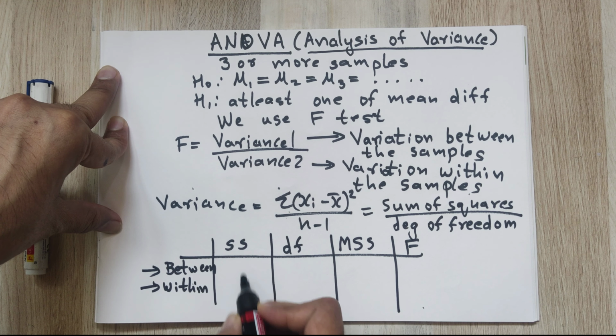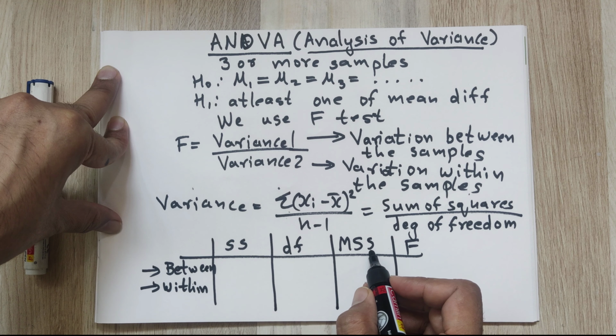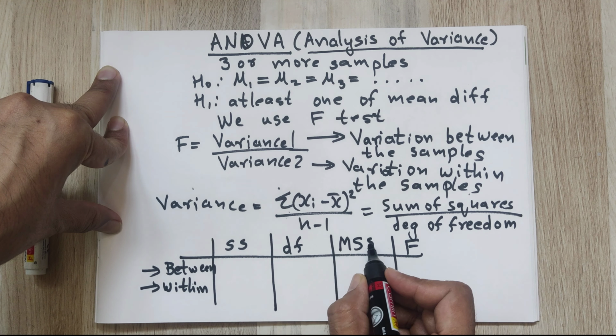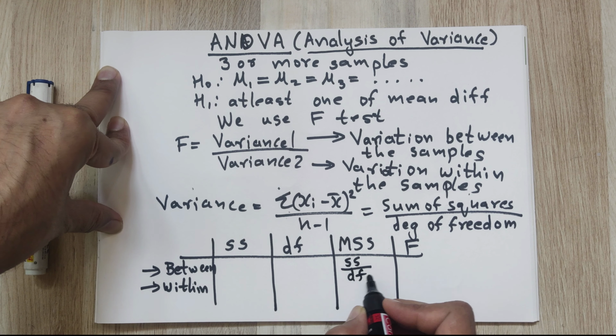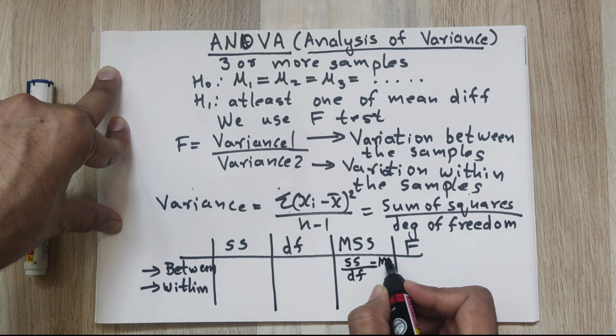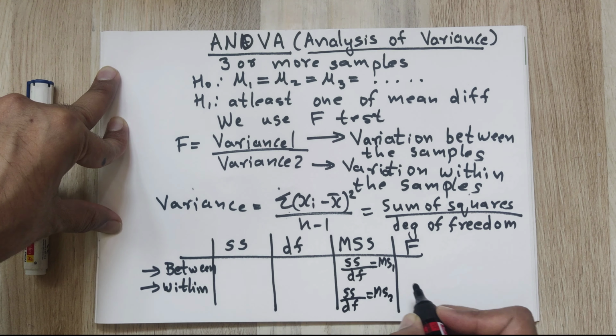So we find the sum of squares, then the degrees of freedom, then the mean sum of squares, which we calculate as sum of squares upon degrees of freedom. We will have mean sum of squares 1 for between the samples, and similarly a second mean sum of squares for within the samples.